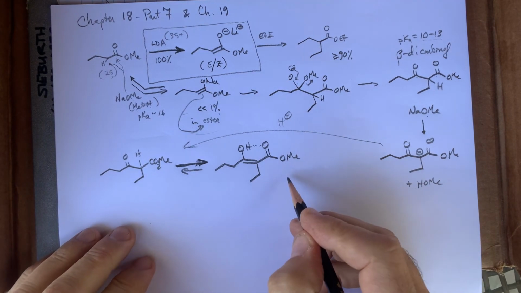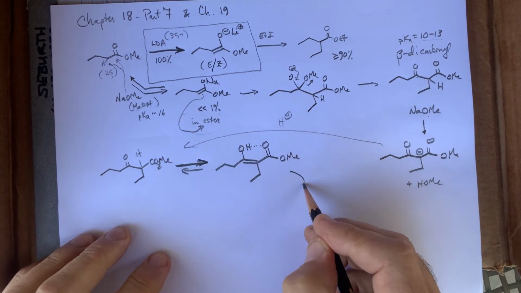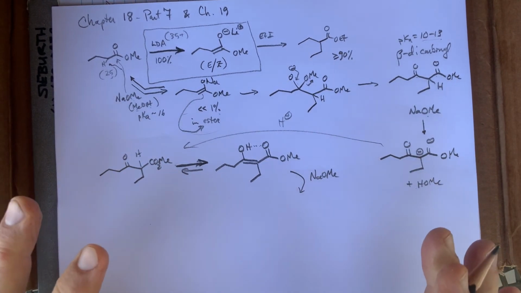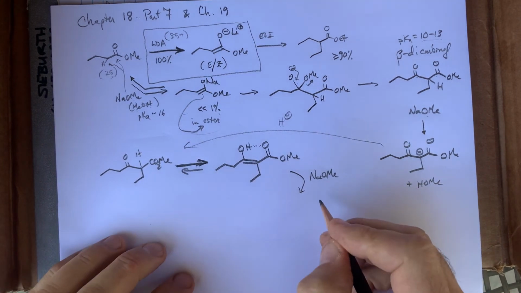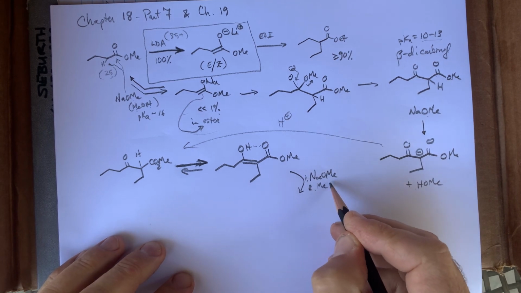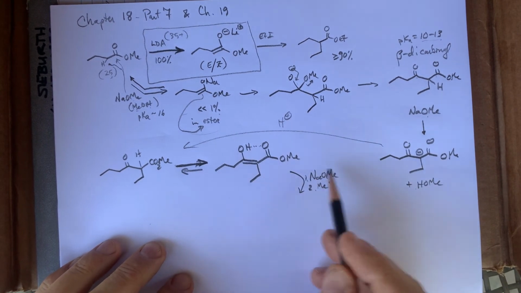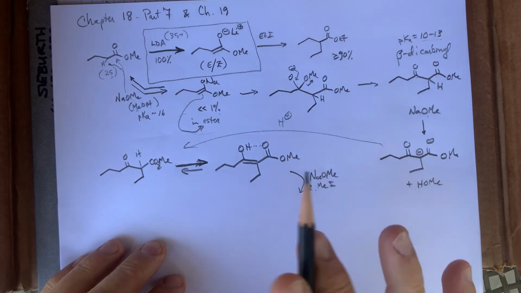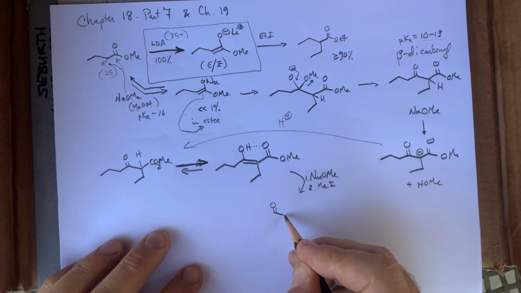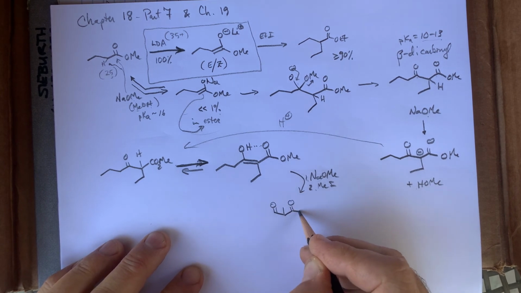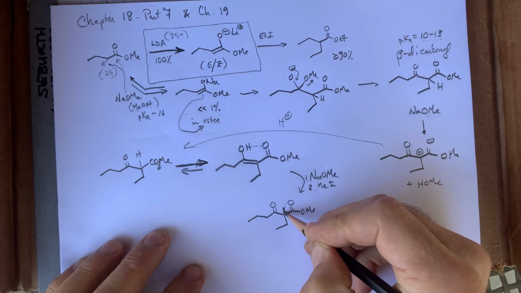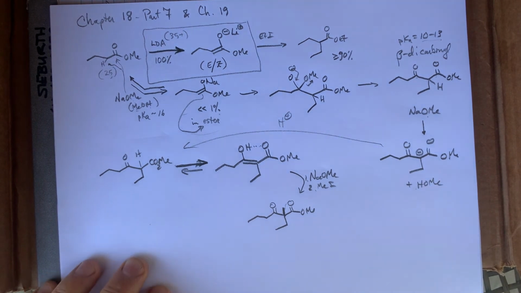And what's important about beta dicarbonyls is if you take them and treat them with a moderately strong base like sodium methoxide, you will get your enolate back. And you get 100% of the enolate, because again, the pKa's are so much different. And you can alkylate it.